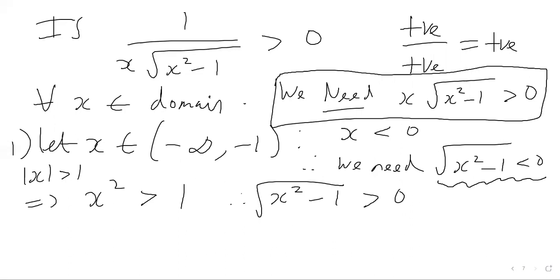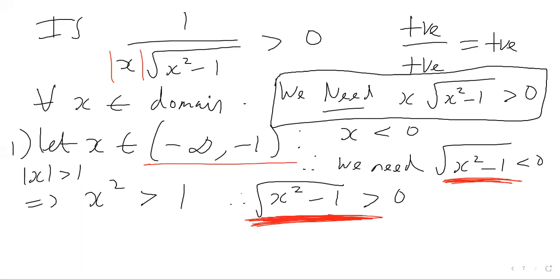So the only way we're going to make this work is if we make this an absolute value. We can't change this part of the function because the square root is always going to be greater than 0 in this part of the domain. But we can change this x there and put a modulus there just to make sure that we get a denominator which gives us a positive value for all values of x in the domain.